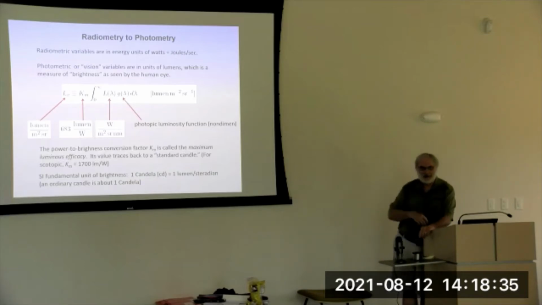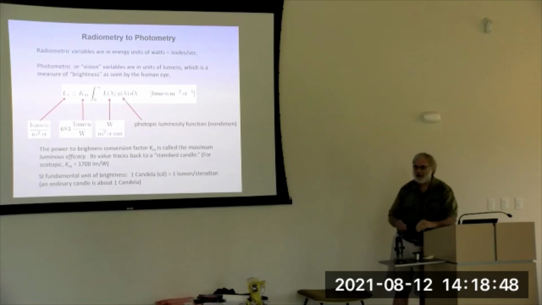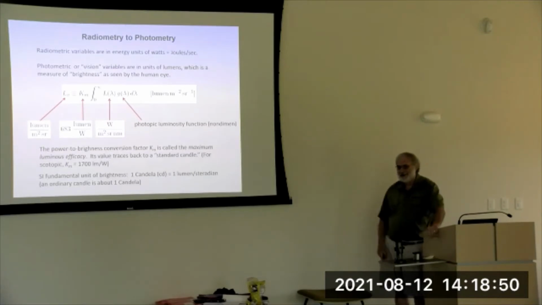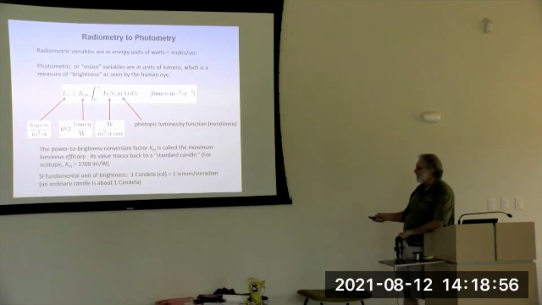In 1880, they very specifically defined how you make a standard candle by burning a certain kind of whale oil with a certain kind of wick, and the wick has to be this long and so on, because there were no LEDs or anything to play with. So they defined a standard candle, and the luminance of a standard candle was called a candela.